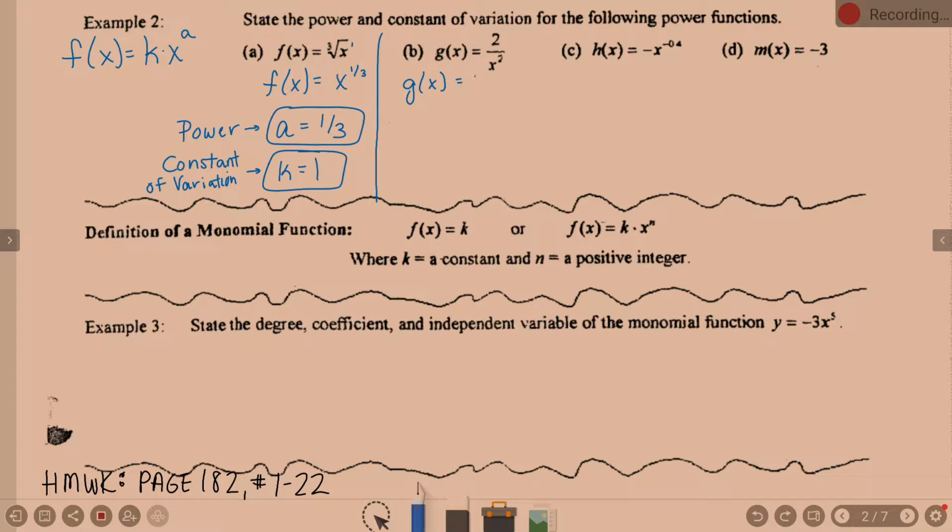So if I keep my 2 here and rewrite this as x to the negative 2, does that change your thinking on what the power and constant might be? I guess it depends on what you were thinking, right? What would you say the power is now?